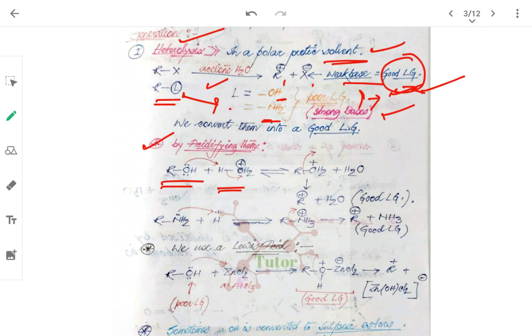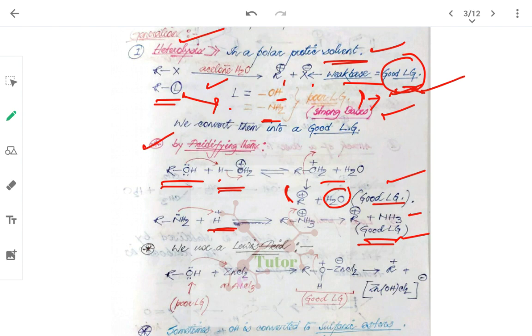The lone pair in ROH attacks H, forming this, and forms a carbocation. And H2O is a good leaving group. Now RNH2 is also acidified and forms a good leaving group, ammonium or NH3.